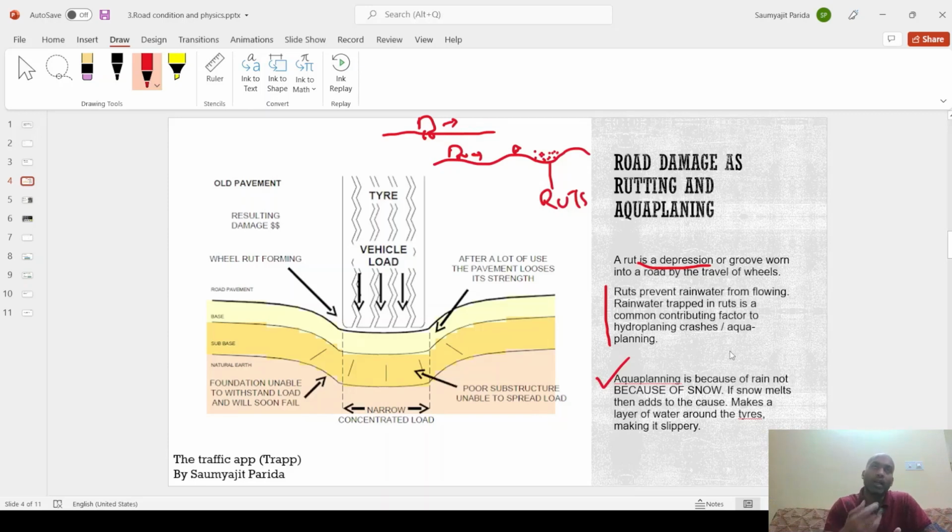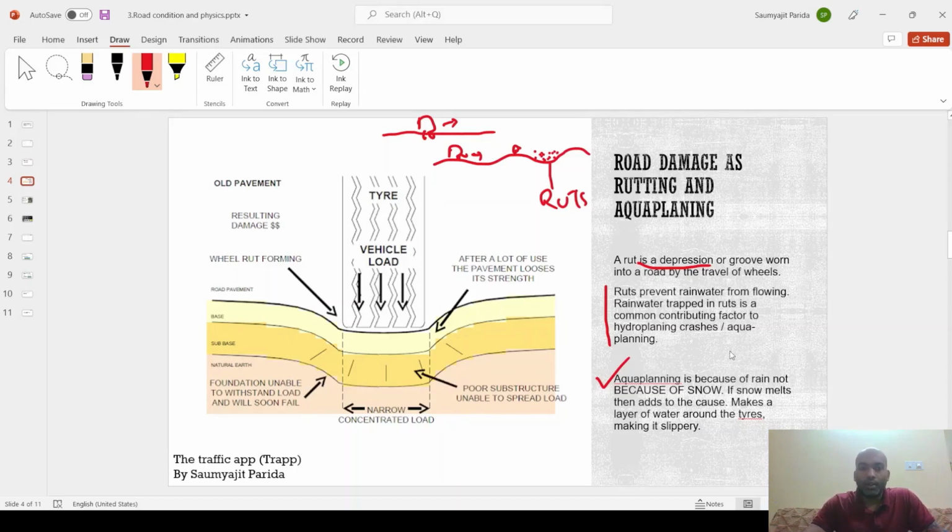One can argue that because of snowfall, the snow can melt and water can be deposited inside the ruts, but it is because of the water that the aquaplaning is occurring. So this could be a potential question in the exam: what is the cause of aquaplaning, rainfall or snowfall? The most right answer is rainfall.